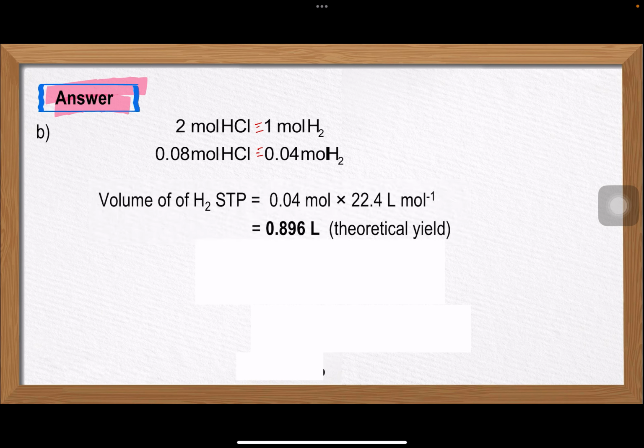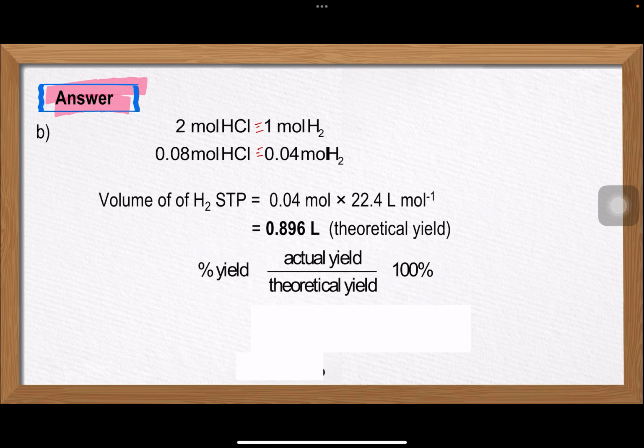Change the mole to volume of gas at STP. The mole times the molar volume of gas at STP gives 0.896 liter. This is the theoretical volume. So you already know the actual value from the question and the theoretical value from the calculation.